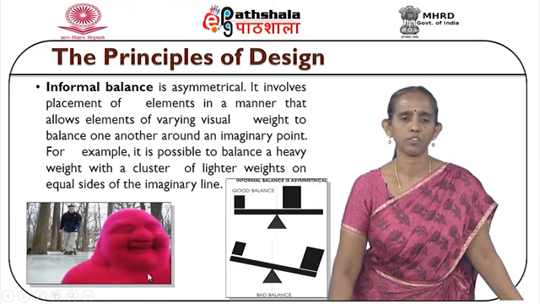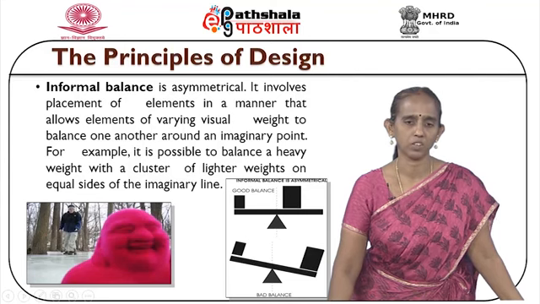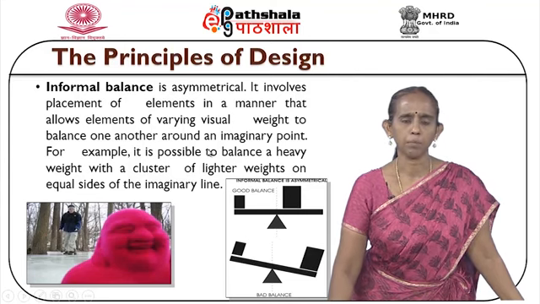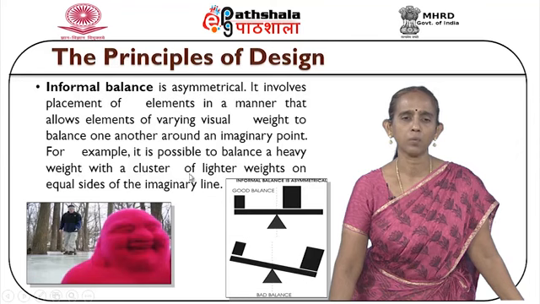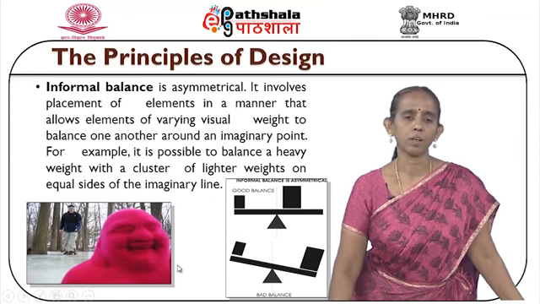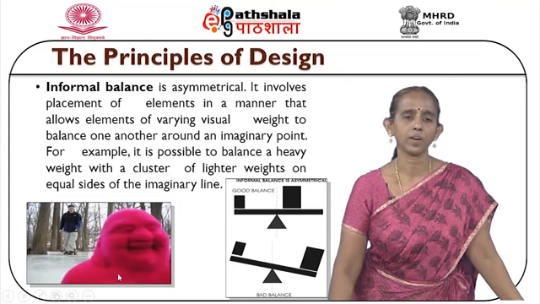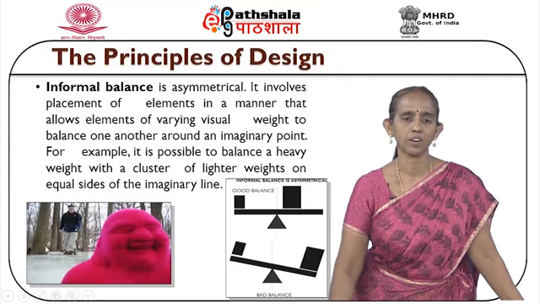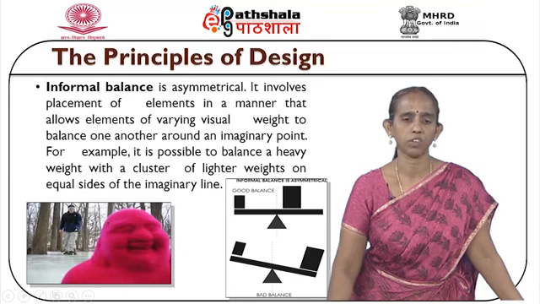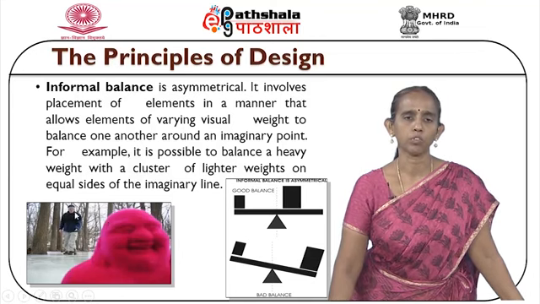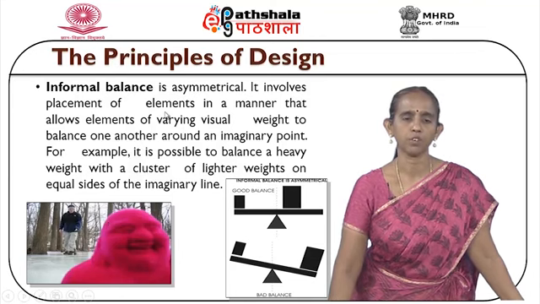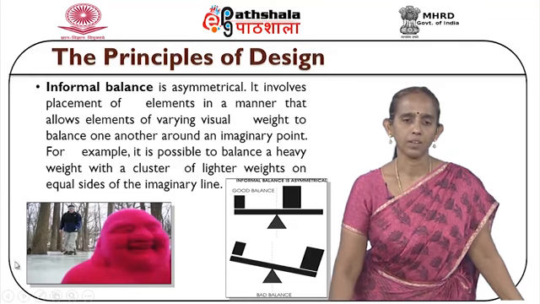One object is placed in the front and another object placed at the back, but there is no balance between these two objects with respect to the weight as well as the size of the object that is being shown. For example, it is possible to balance a heavy weight with a cluster of lighter weight objects. In this example, a heavy weight object is represented in the front and a cluster of lightweight objects are represented at the back, so that they perform some kind of informal balance in the visual.